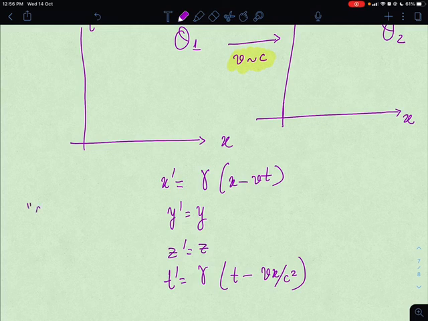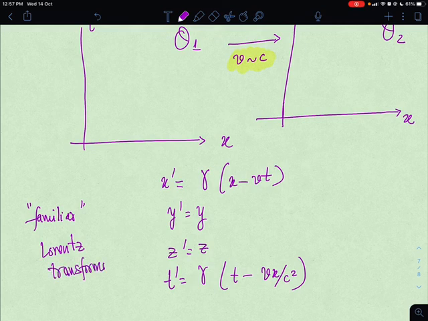This is your familiar Lorentz transformation which some of you have studied in your undergrad or other courses. Now what is the definition of gamma? Gamma is 1 by square root of 1 minus v square by c square.